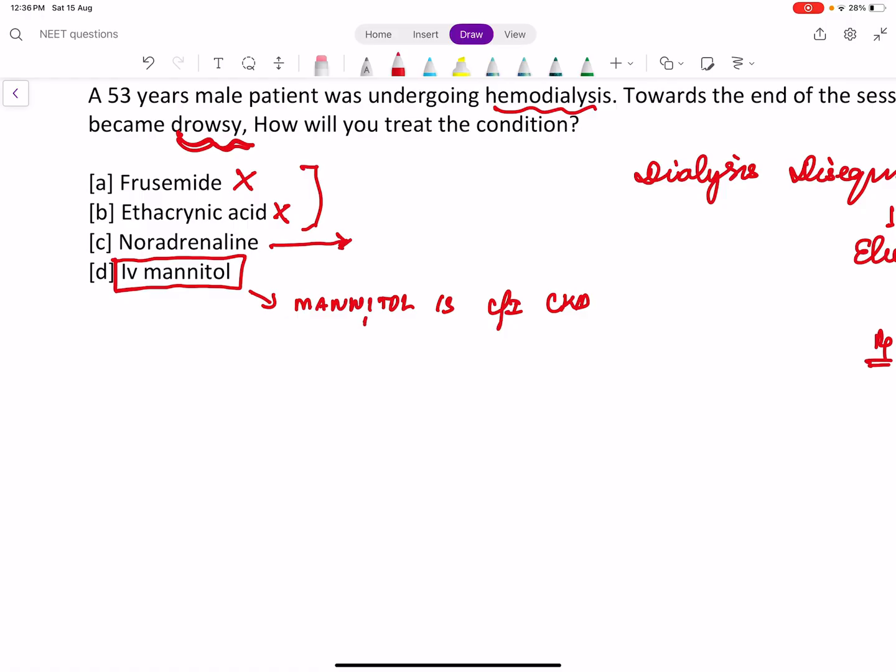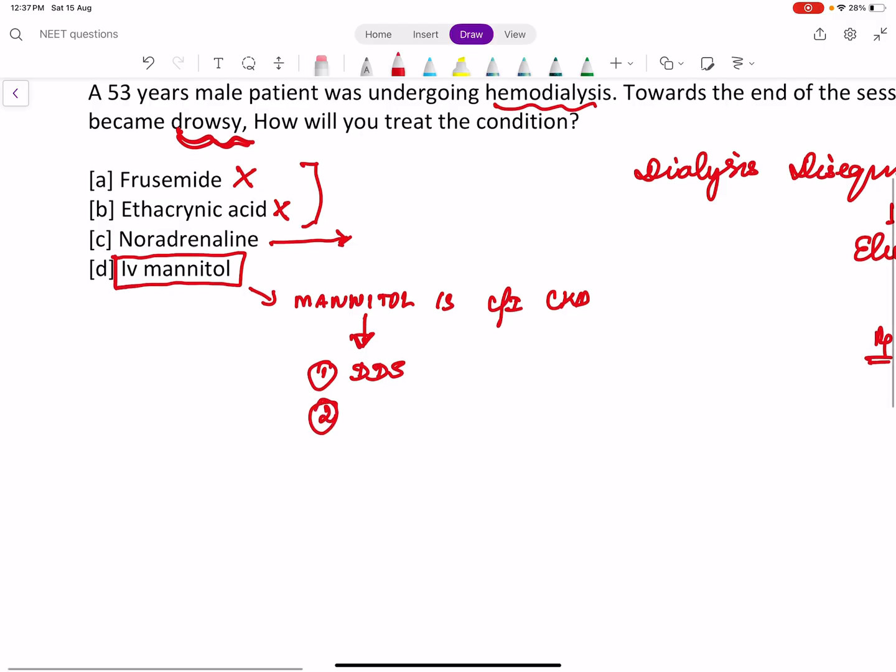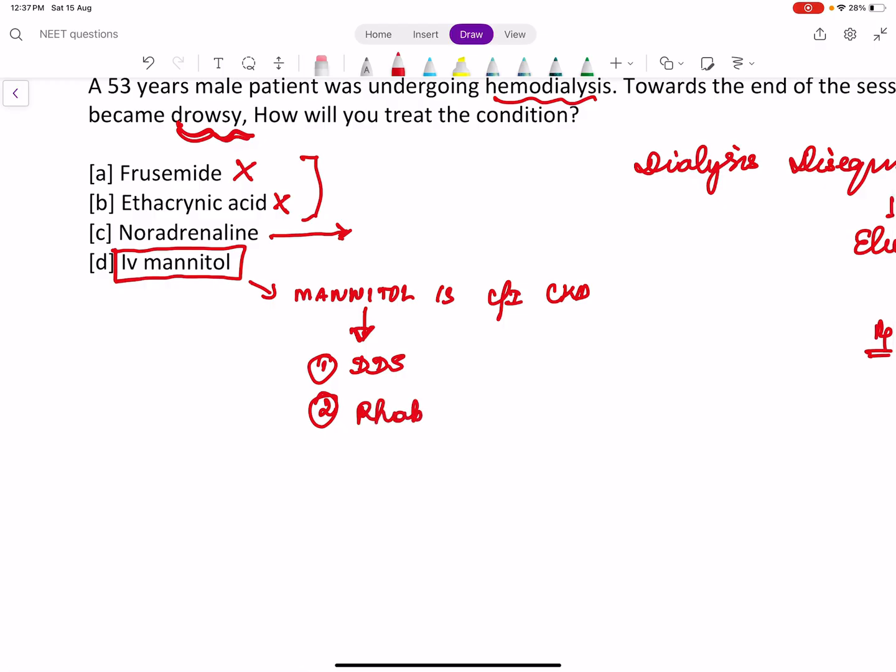But mannitol, even though it is contraindicated in CKD, is very well used in dialysis disequilibrium syndrome. In older textbooks, it is said that in rhabdomyolysis associated AKI also, mannitol has a role. In newer textbooks, it is not given.